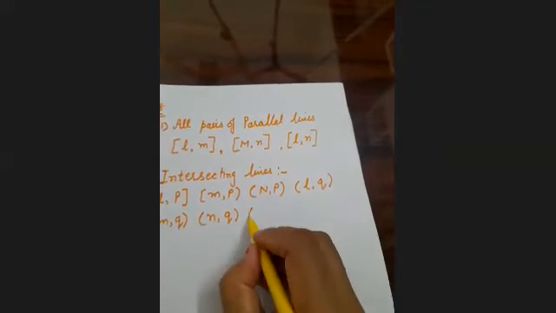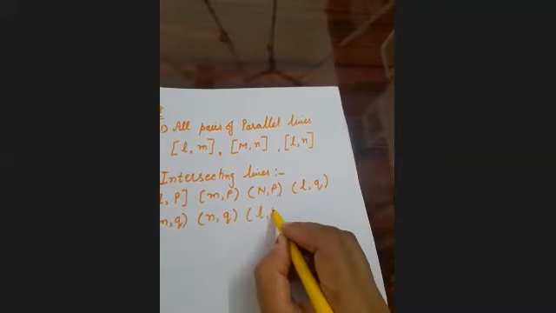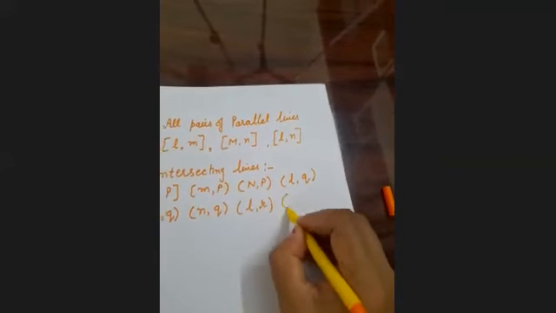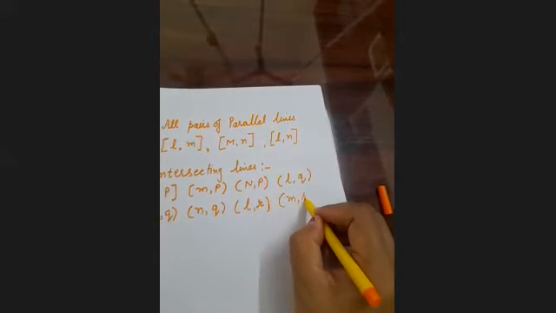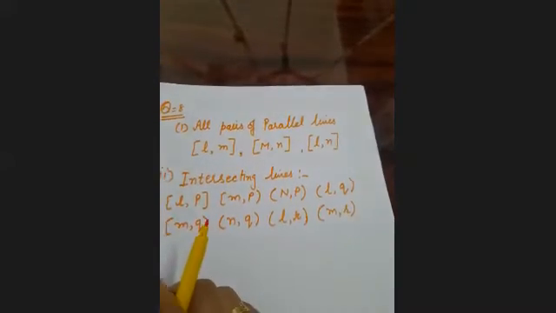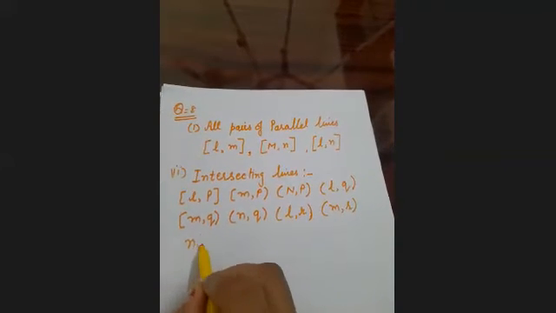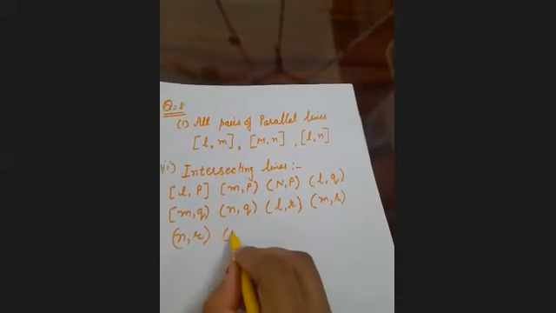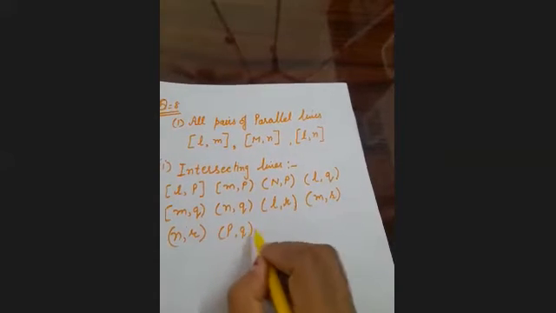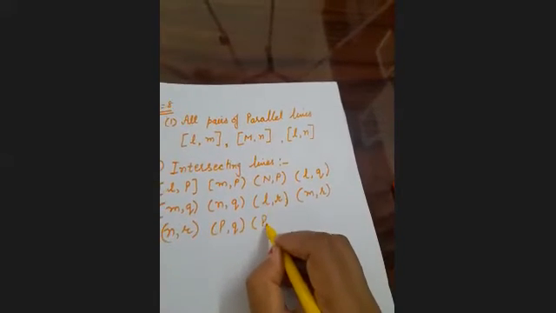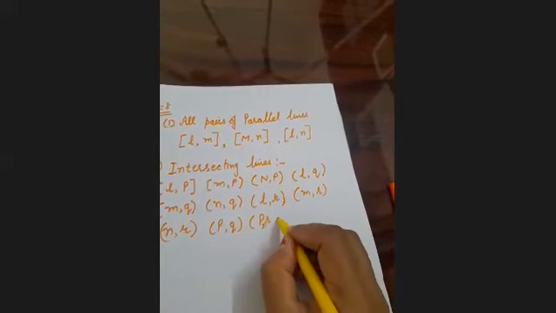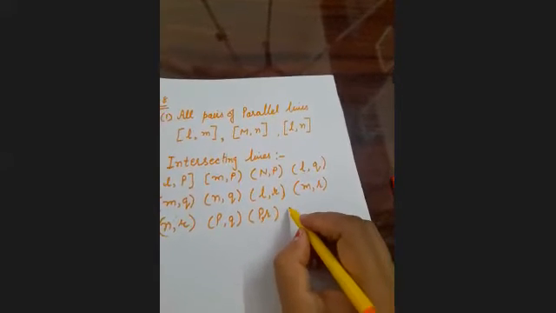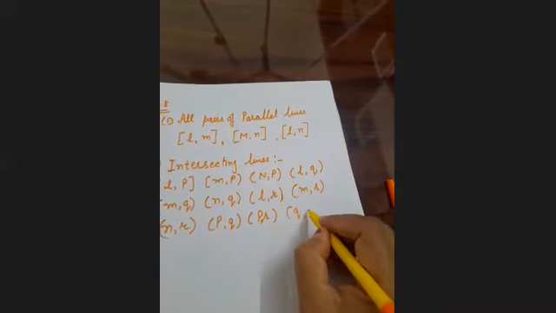Then PQ, PR, and QR. These are all intersecting lines.